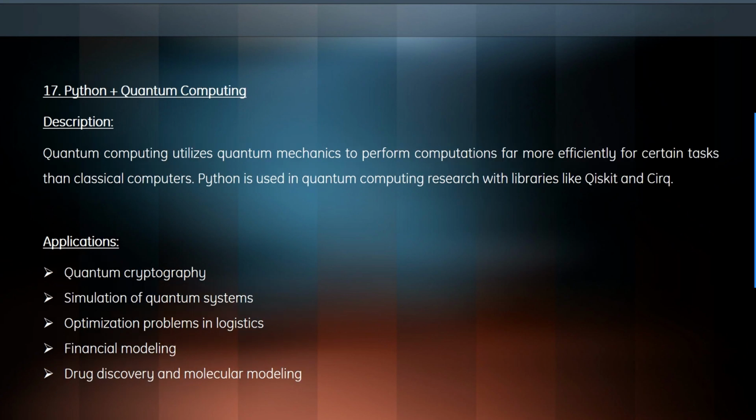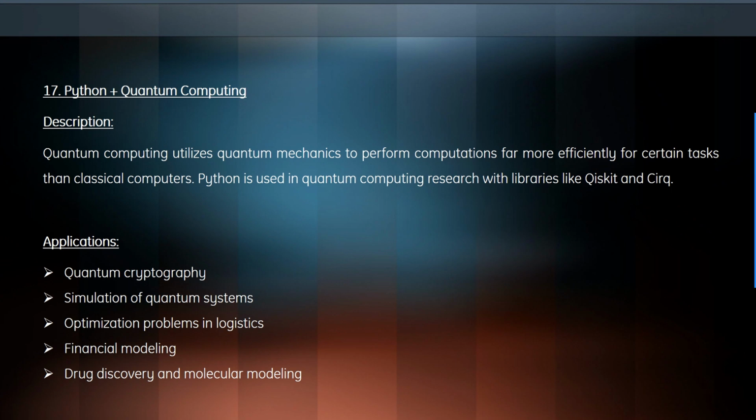Moving on, we have Python plus quantum computing. Now, what is quantum computing? It utilizes quantum mechanics to perform computations far more efficiently for certain tasks than classical computers. So for some tasks which prefer quantum mechanics as a technique to get them completed, we use Python plus quantum computing.